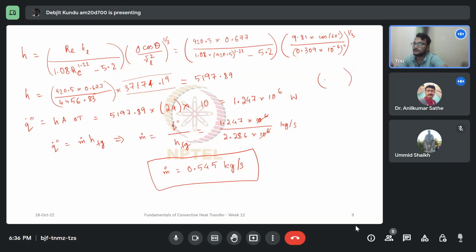This is positive 13, yes. This is correct, 5.137 into 10 raised to 13. Okay, so if I now take the cube root of that value, it comes out to be 37174.